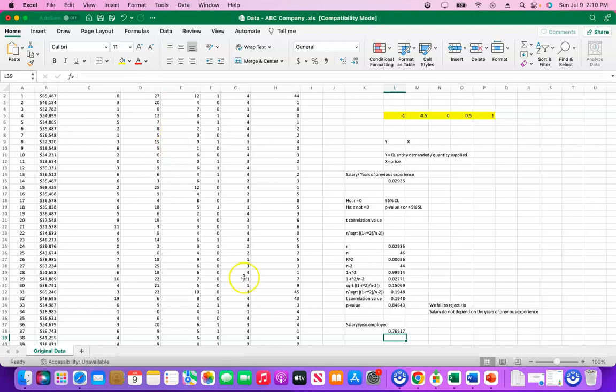But anyways, when you look at this correlation, we can see that it is positive, and therefore there is a positive relationship between salary and years employed. And also this correlation is way beyond 0.5, and it's approaching 1, and so we can say that this correlation could be significant.